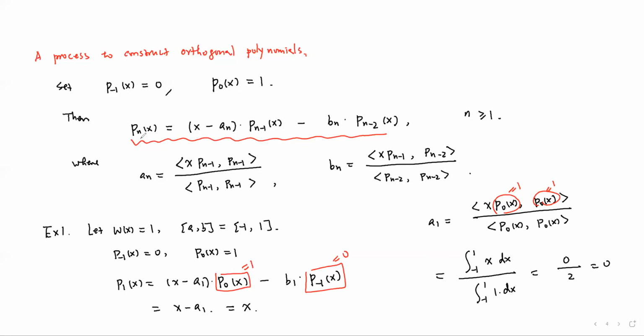P2 by the formula, set n to 2. Then we get x minus A2 times P1, minus B2 times Pn minus 2, and now n is 2, so P0.